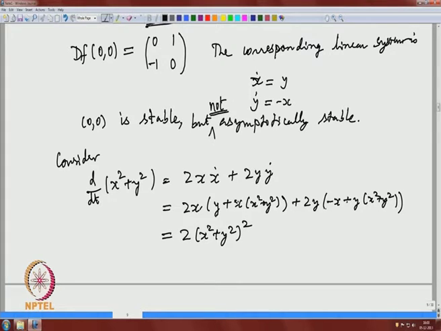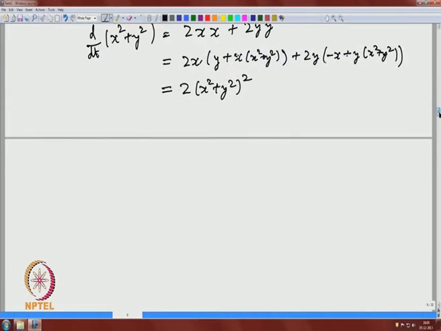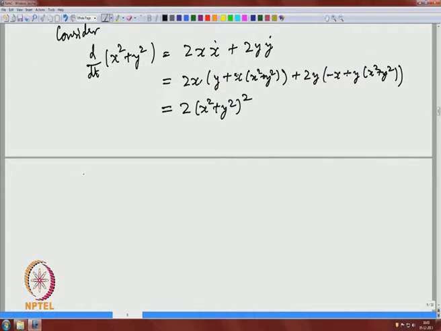Okay. So, if I now call r square is equal to x square plus y square, so then 2 r r dot is, if I do this again, you get r dot is equal to r cube. Okay.